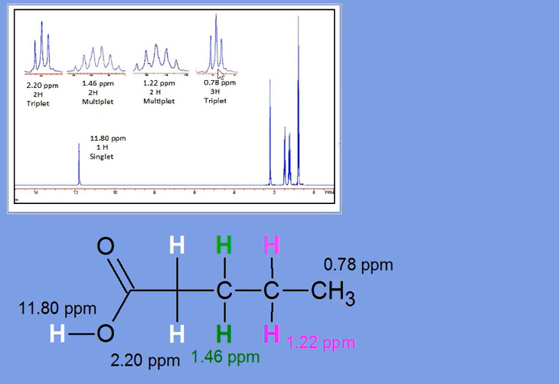And of course their peak is split into a nice clean triplet because they only have two non-equivalent neighbors on their left. And so very nicely we put a jigsaw piece together with all the hydrogens in the carboxylic acid. We've got pentanoic acid.